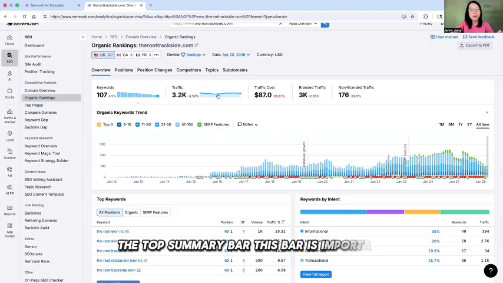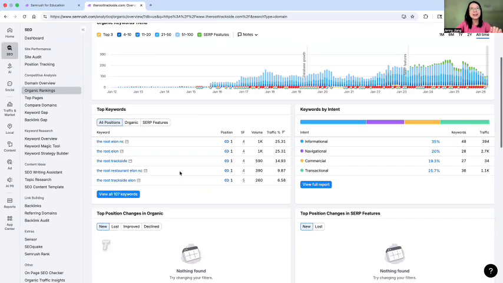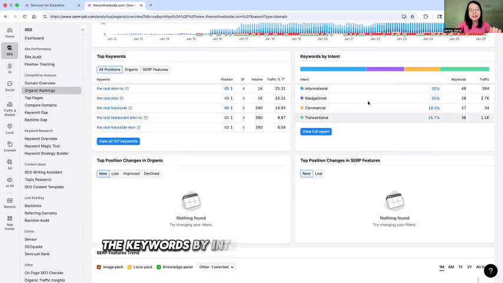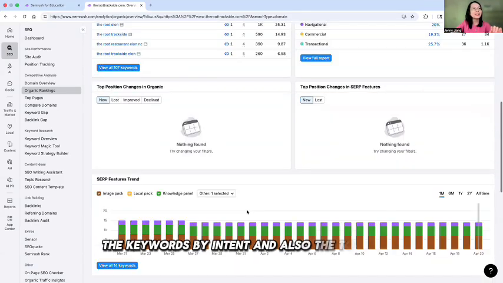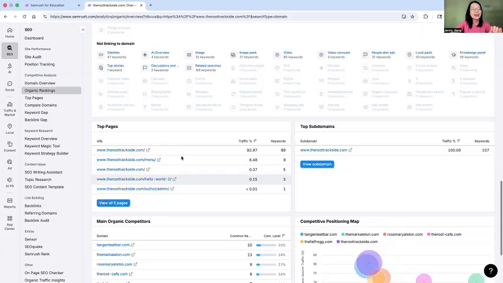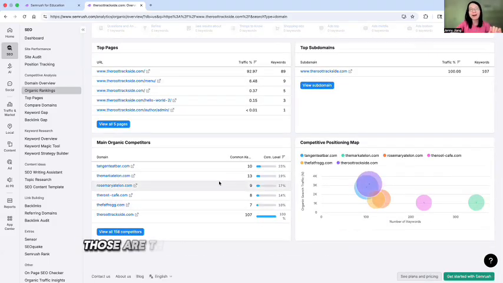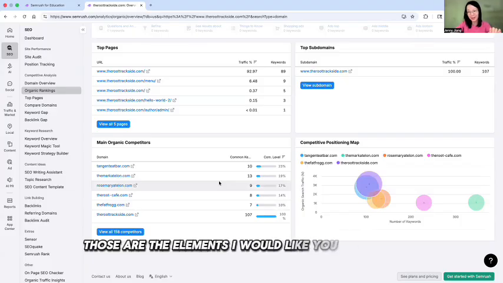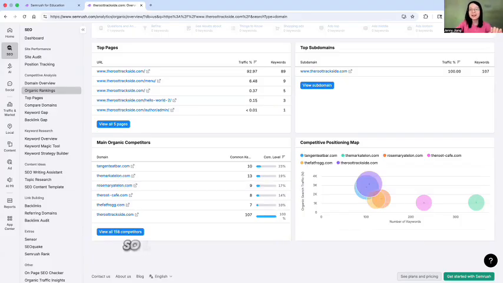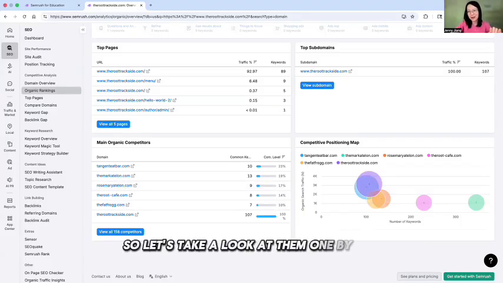This bar is important. And then the top keywords, the keywords by intent, and also the top pages, the main organic competitors. Those are the elements I would like you to focus on. So let's take a look at them one by one.